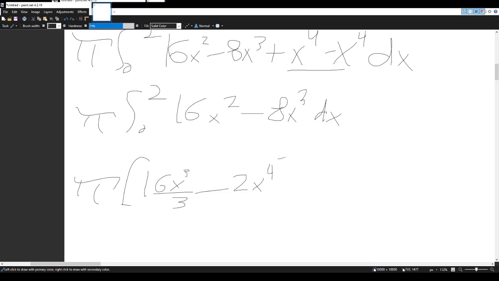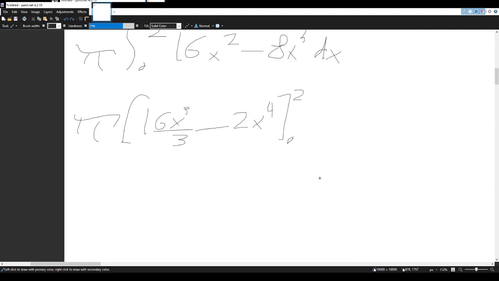So we can just leave it as that, from 0 to 2. We're going to find it at 2 and subtract what we find when we do 0. But if we plug in 0, it's pretty obvious, because there are no constants, that the whole thing's going to be 0. So really we can just find the value of this at 2, and that'll be our value.